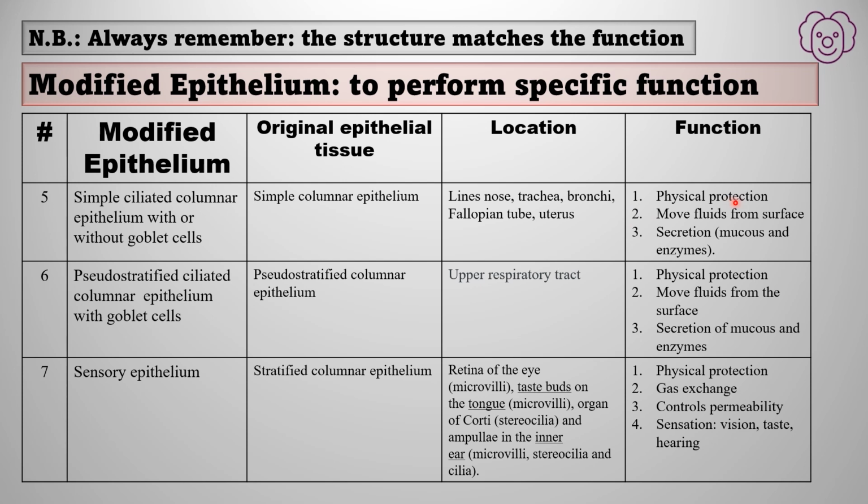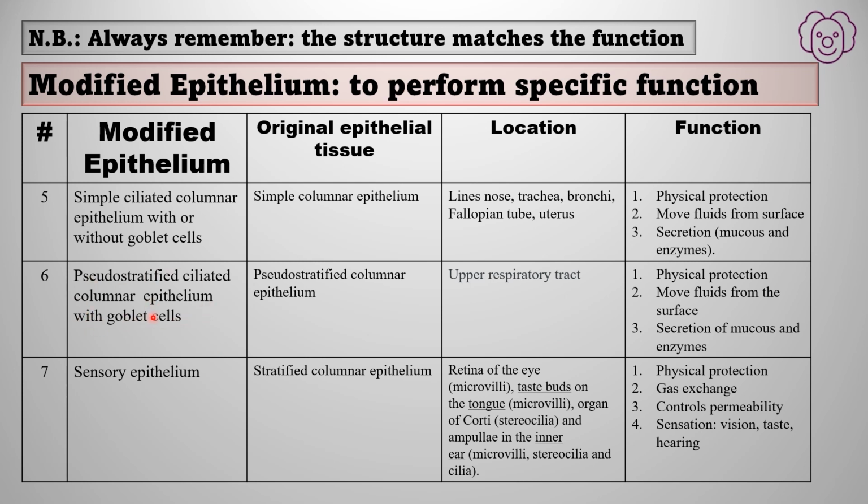It has the function of physical protection, moving fluids from surface to surface, and secretion of mucus and enzymes. This is why the goblet cells are there, because goblet cells are unicellular glands that are important for secreting mucus or sometimes enzymes depending on where they are.